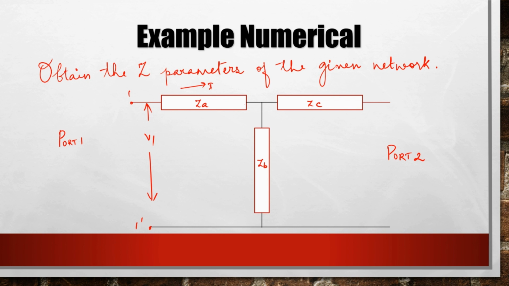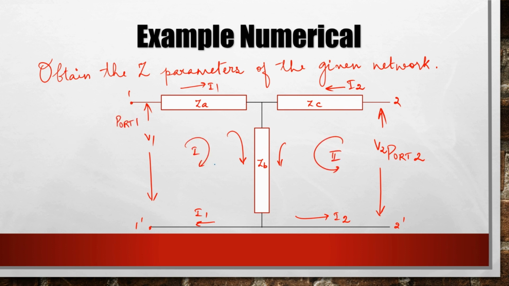This current is I1, which would come out from here. So I1 would be in this manner. It'll enter ZB. And from here to 2 dash with V2 as its terminal voltage, I2 would enter this terminal in this manner and come out as I2. So I have marked the voltages and the currents. I need to compute Z11, Z12, Z21 and Z22.